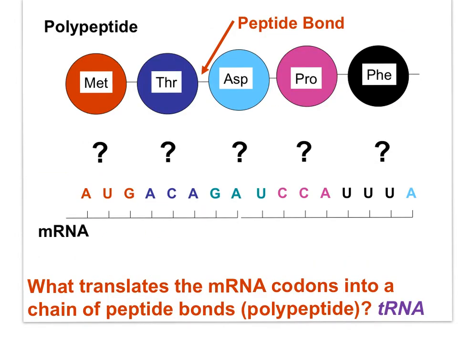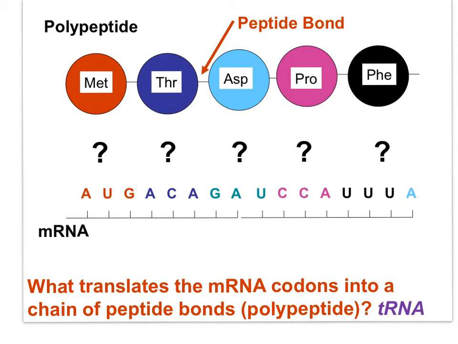So the question is, what links the mRNA nucleotide sequence, where I have the codons color-coded here in triplets, to the formation of peptide bonds between the specific amino acids called for by the triplet codons? In other words, what serves to translate the nucleotide sequence into the amino acid sequence?